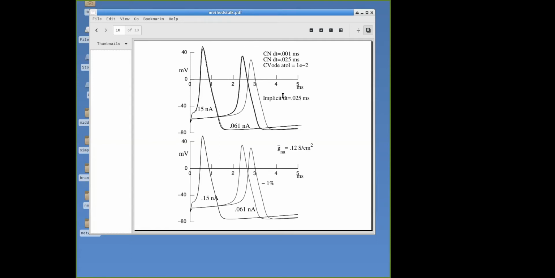Then 2 of them were Crank-Nicholson methods, one of them with a time step of 1 microsecond and one with a time step of 25 microseconds. And the 4th one was adaptive integration with an error tolerance of 1e-2. In other words, every state variable that was being solved was solved so that the local error at every advance was smaller than 0.01.